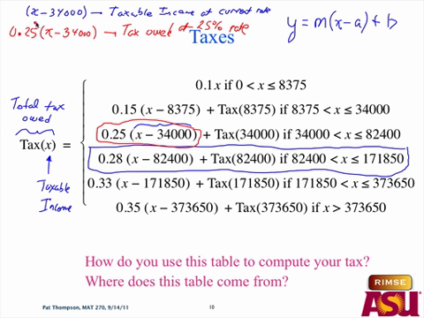Okay, so isn't x minus 34,000 just a change in x, right? And then the change in y is our rate times the change in x, see?